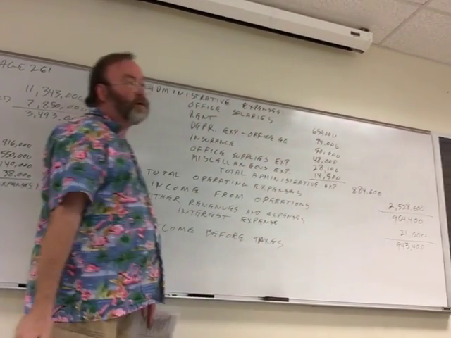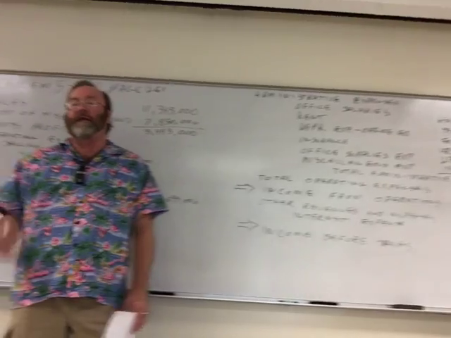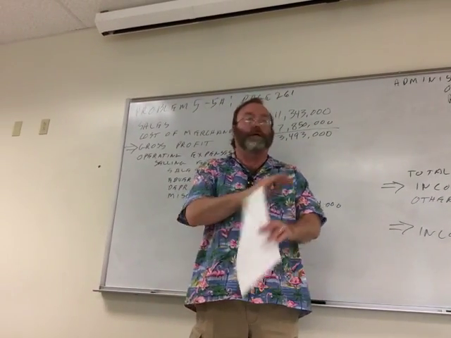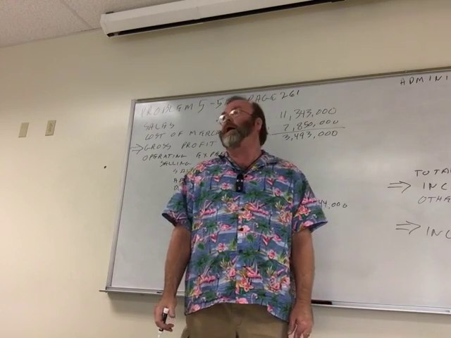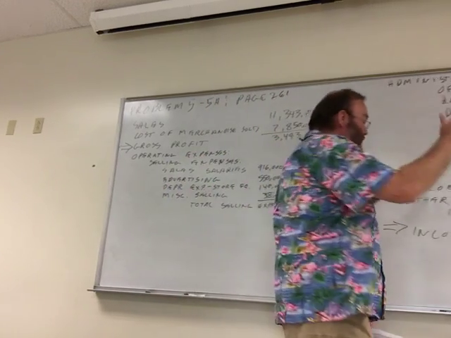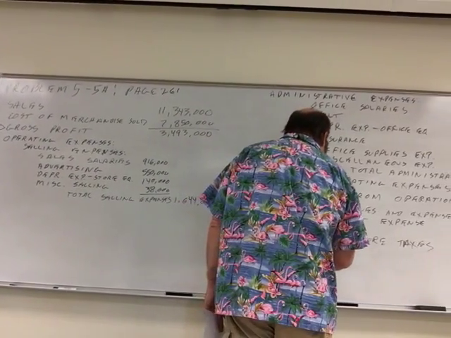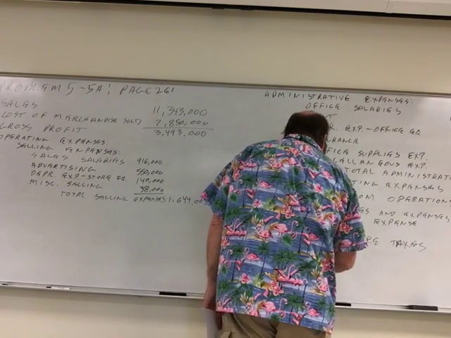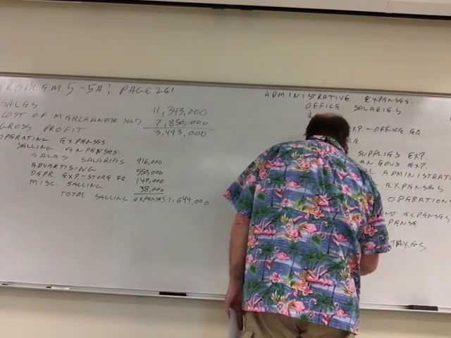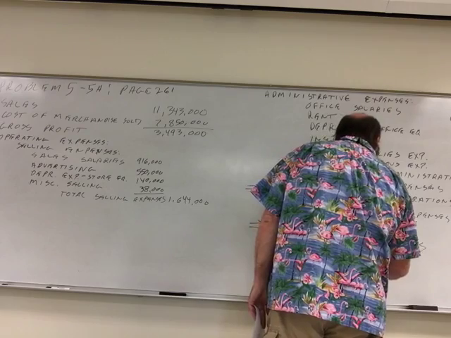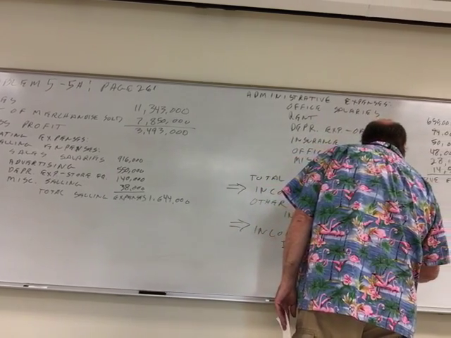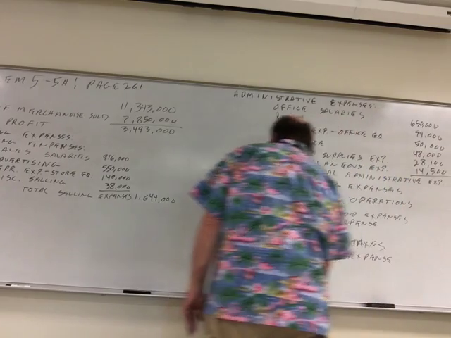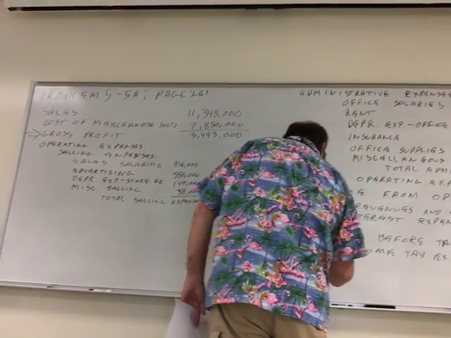Now, this particular example doesn't have an income tax expense, but almost every company has them. All right? And then you would subtract an income tax expense. I'll just put that in here, even though they don't have it. To come up with your fourth and final subtotal, net income.